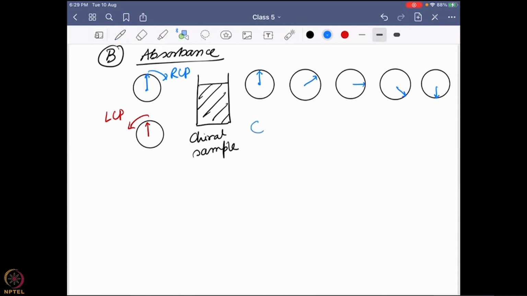Whereas the LCP absorbs more compared to the other. So that is why its amplitude goes lower.